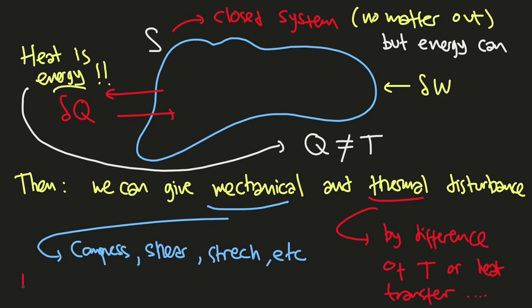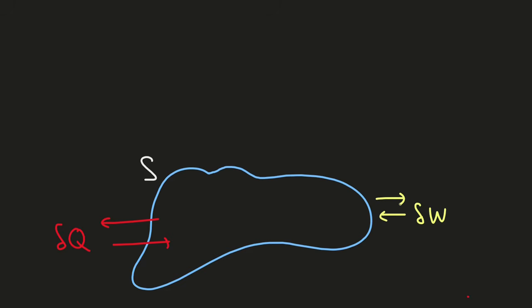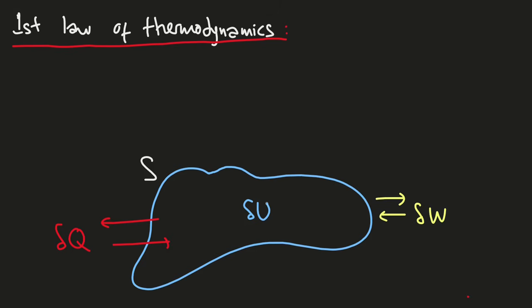And here, the first law of thermodynamics has its role. Next, we set this illustration down and add some labels, that delta W can go in or go out. Here, to define the first law of thermodynamics, the work and the heat transfer can create a difference of internal energy.